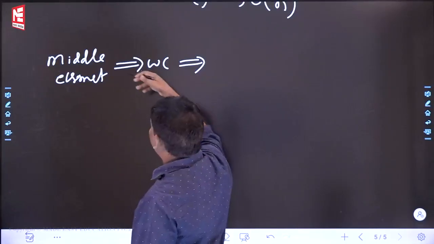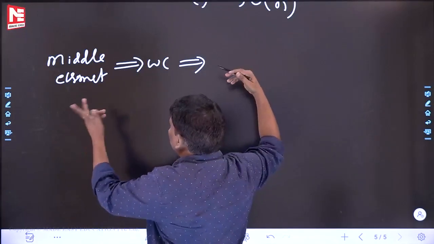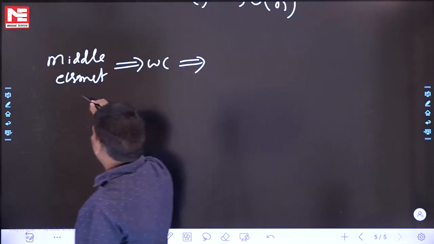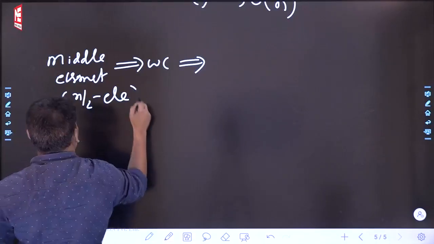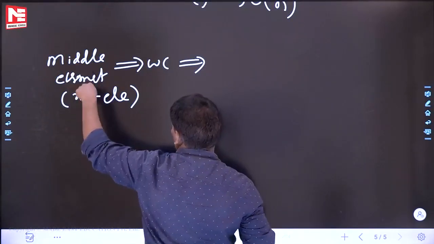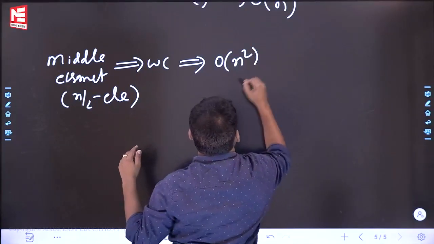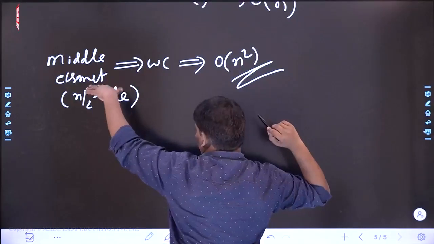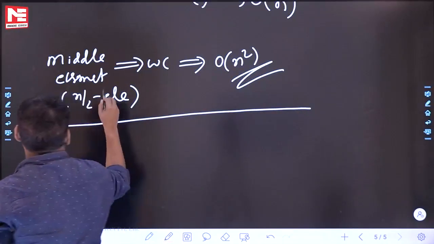Middle element means n by 2 element, please be careful. If you take the n by 2 element as the pivot, what is the answer? Big O of n square, because it can go anywhere, the worst thing can happen. That is the meaning of middle element. Middle element means n by 2 element.